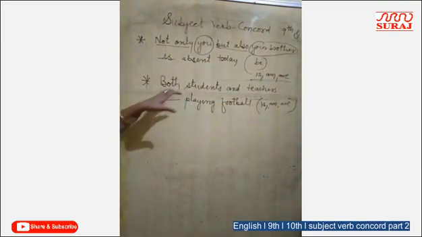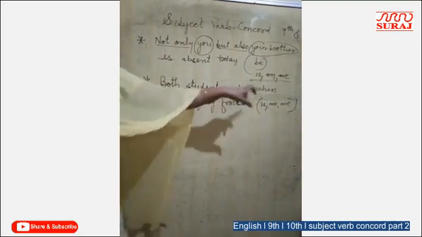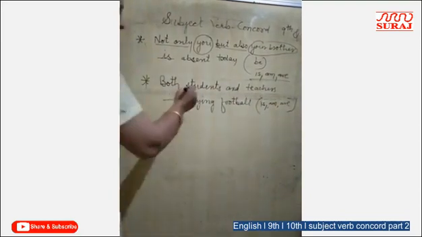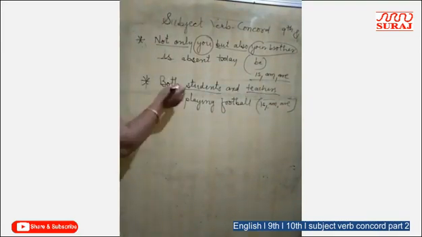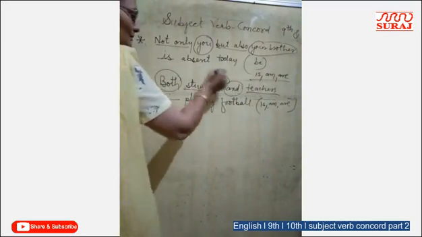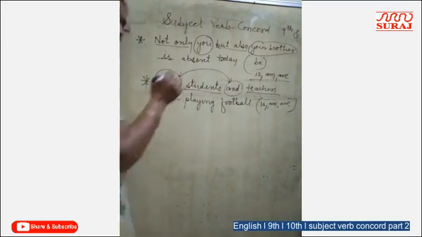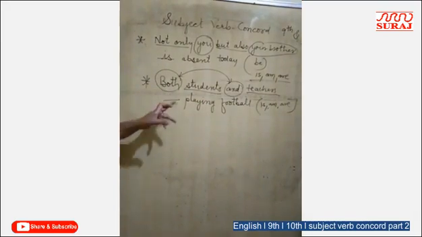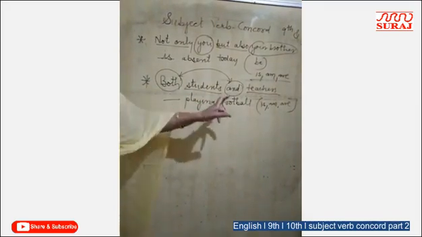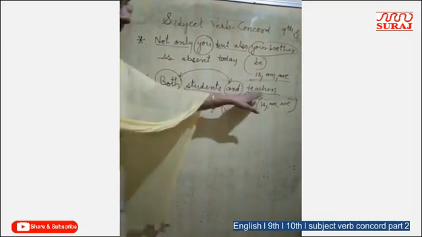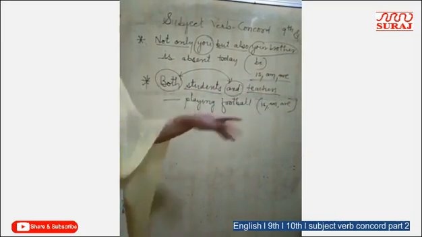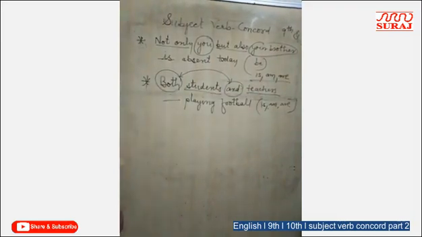Both students and teachers. First subject students, second subject teachers, right? And both the subjects are joined by both and. It's a pair word. And I taught you in the rule, if two different subjects are joined by both and, the verb will be according to the later subject. It doesn't matter whether it is singular or plural, the verb always follows the subject.